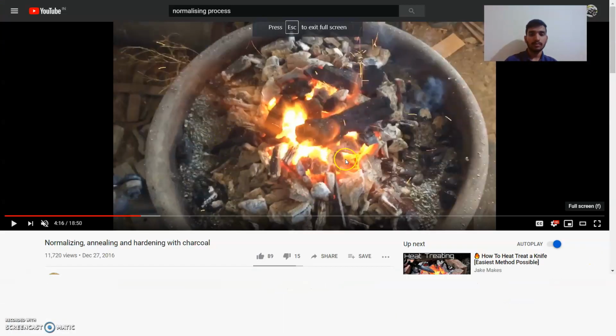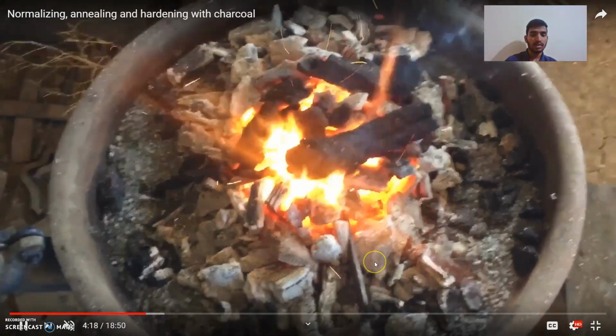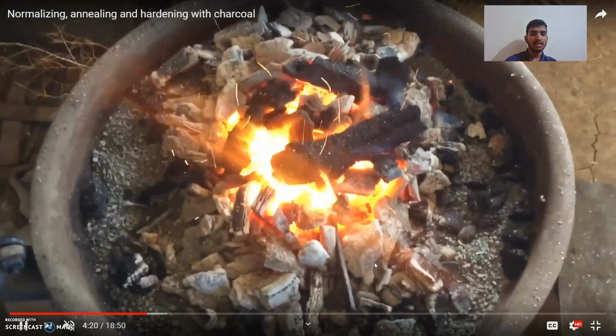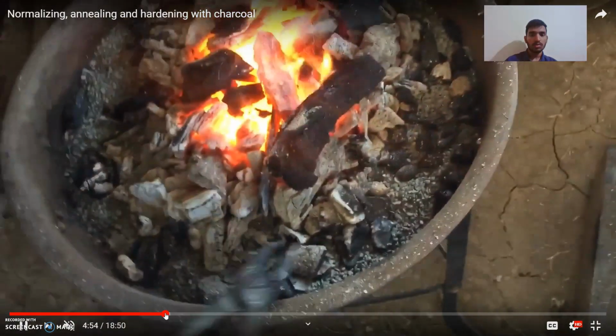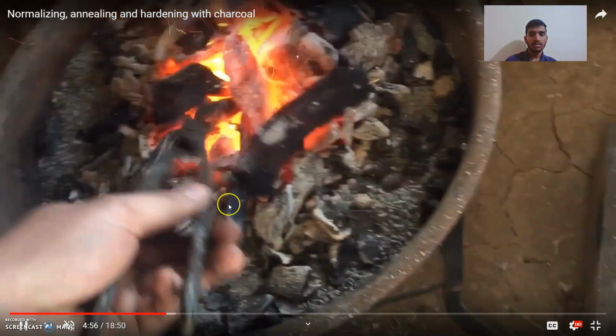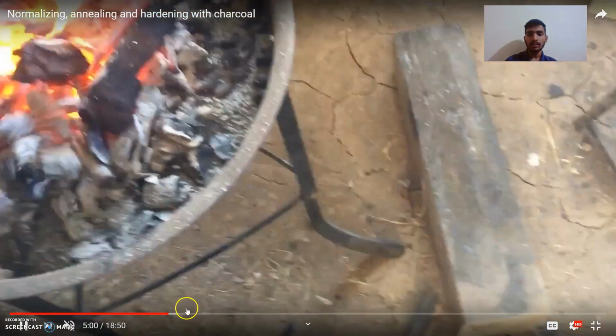Here we see, they took charcoal in this one and are heating. This is a metal. Here we can see this is a metal, and with the help of charcoal they are heating it. After reaching a certain temperature, the metal will be removed. See, the metal is, and again he is heating.